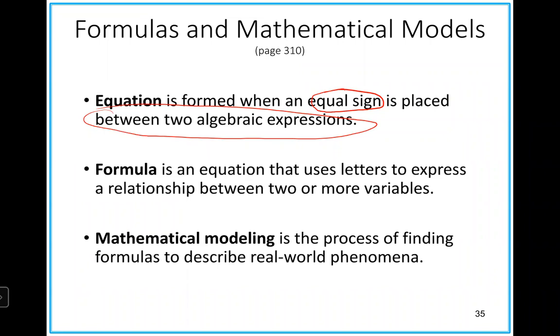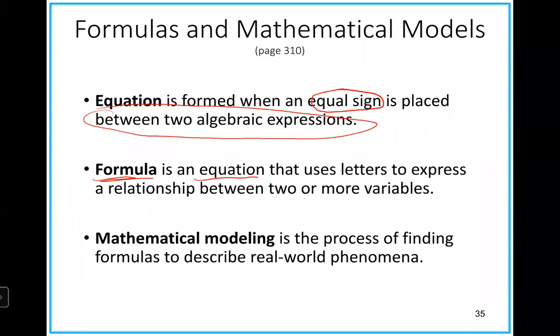Now, a formula is a type of equation. Okay, formula is a type of equation. So formulas are equations, but in the case of formulas, they give us the relationship between certain values, and we can use those formulas to solve problems. For example, you may remember how to find the area of a rectangle, area of a triangle, circumference of a circle.